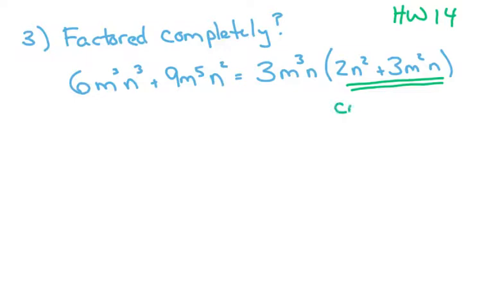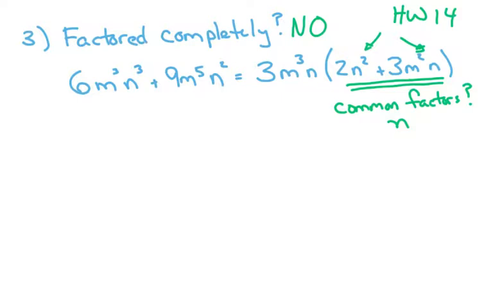Are there any common factors in here? Yes, there is an N. So no is the answer here. Now you might get one that is, so don't just put down no for your answer. But that's how you check. Check to see if they factored out all the common factors.